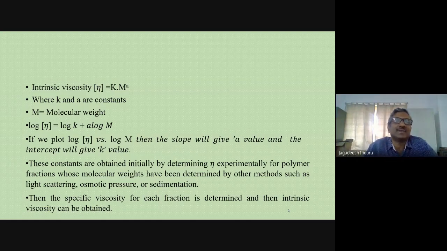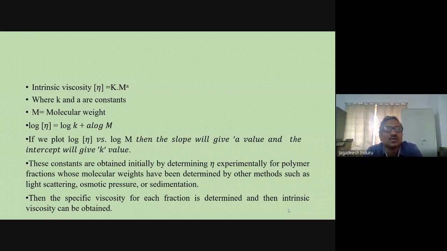Because there are four parameters: the intrinsic viscosity, the constants K and A, and M. If you know three, the remaining one can be found.